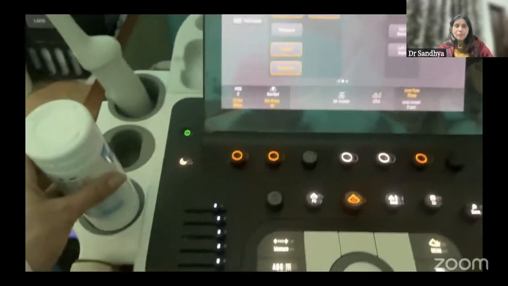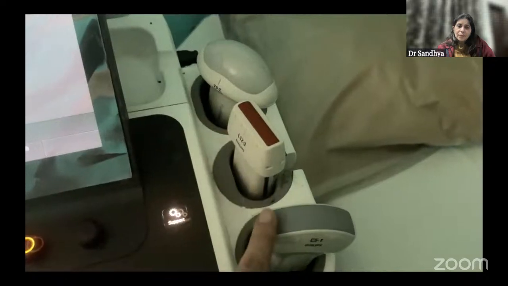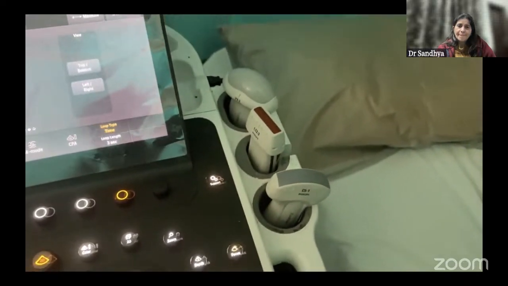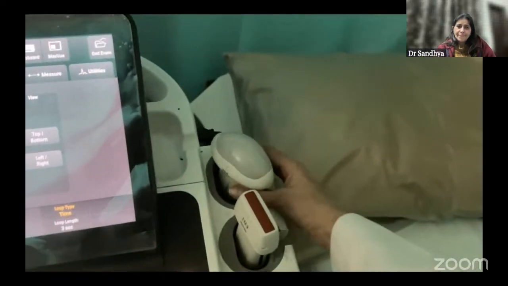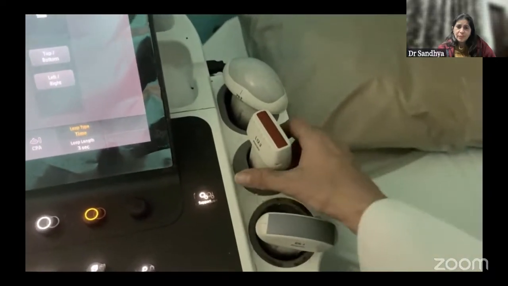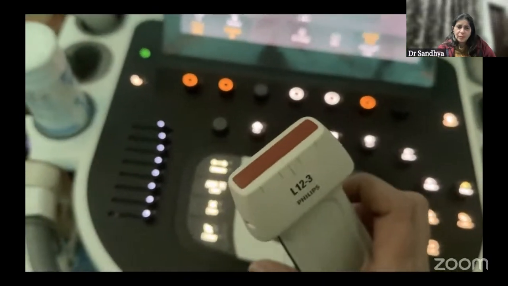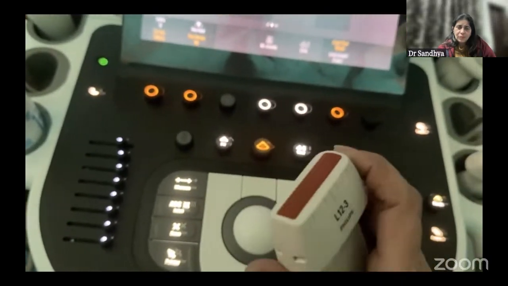So we have this coupling fluid. We have various probes here. For general ultrasound, there are different probes for abdominal and other things. The probe we are using is an 8 to 10 megahertz linear probe.